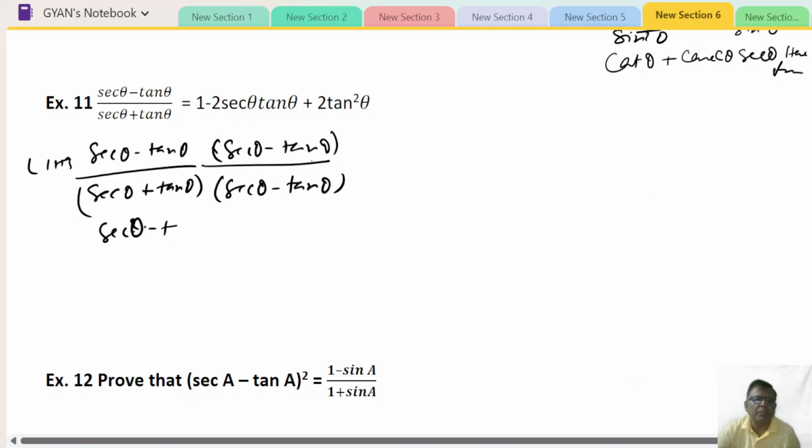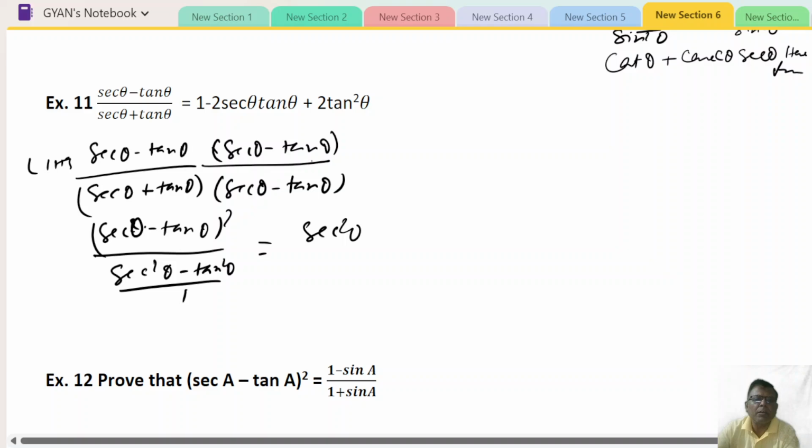So sec theta minus tan theta, the whole square, and below that sec square theta minus tan square theta, that is equal to 1. So here sec square theta plus tan square theta minus 2 sec theta into tan theta. And this sec square theta is 1 plus tan square theta.